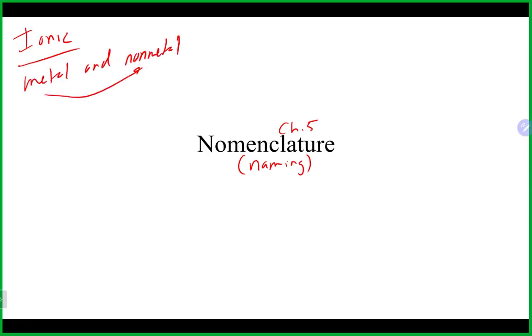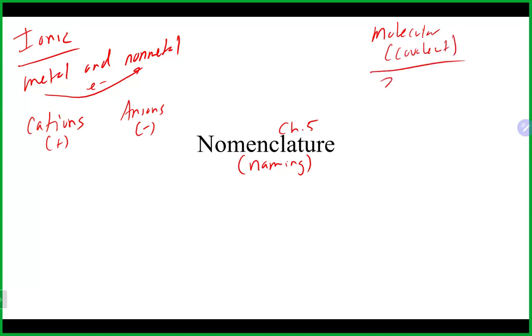And obviously, as we've talked about, electrons being transferred, creating ions, right? Our cations, which are positive, our anions, which are negative. And we'll also talk about molecular, or sometimes people call it covalent, which is basically two nonmetals where we share electrons, right?